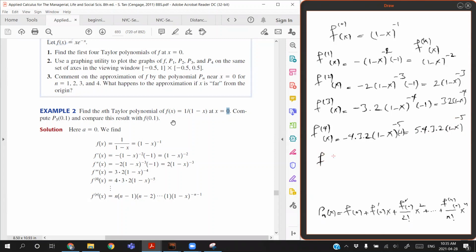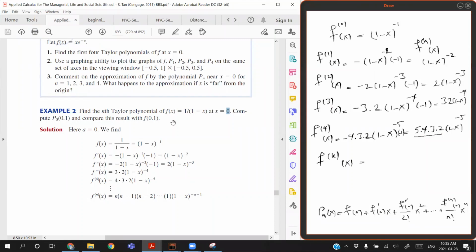So I hope that now you can see the pattern that generally the kth derivative of the function is going to be, so you see the fourth derivative gave us 5 factorial.